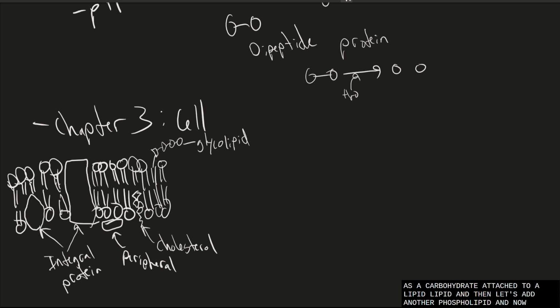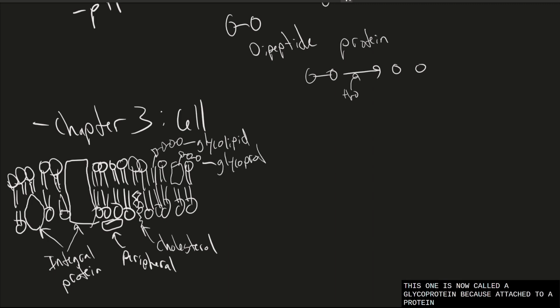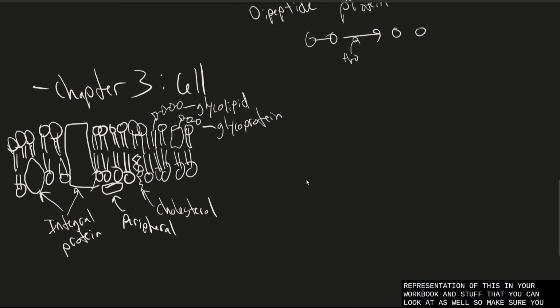And now let's add a protein in here. It might go all the way through, but let's just draw it to there with another carbohydrate chain attached to it. I know it doesn't look perfect, but this one is now called a glycoprotein because it's attached to a protein. And you have a good representation of this in your workbook and stuff that you can look at as well. So make sure you understand that.